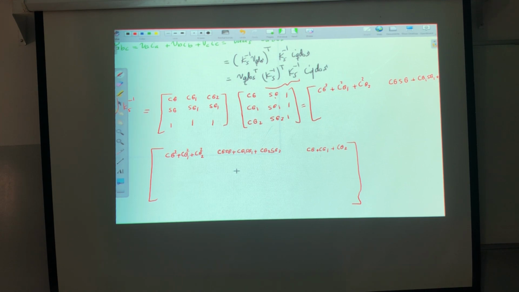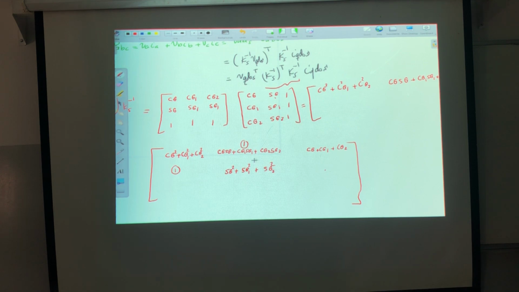The second term. So similar to this one? Yes, this one here. This term, I will put one. This term will be squared, so this will be sine theta squared plus sine theta 1 squared plus sine theta 2 squared.